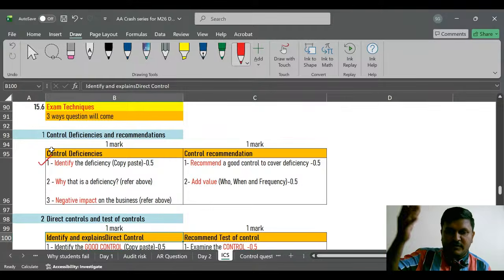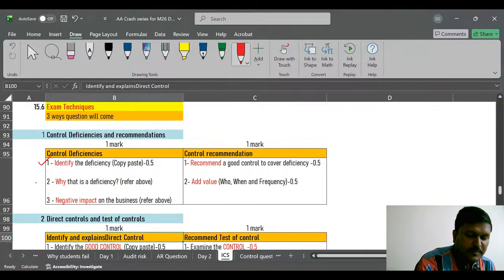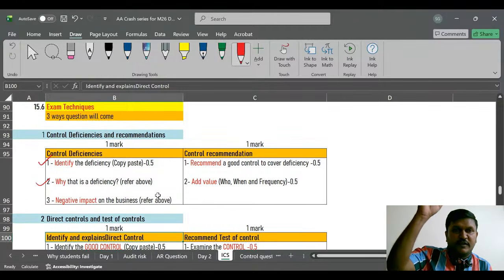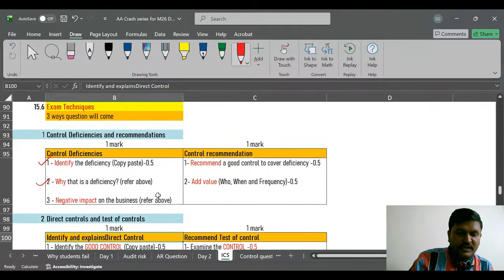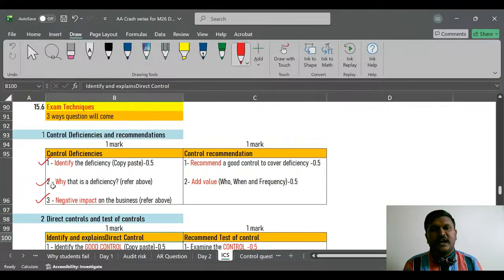You can copy and paste from the question again. Then you need to explain why that is a deficiency. You can refer to the 8 points above, which is missing over there, and consider why that is a deficiency. And third, the negative impact on the business, such as loss of goodwill or loss of future sales.